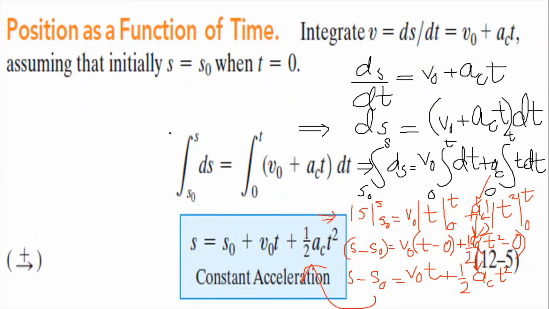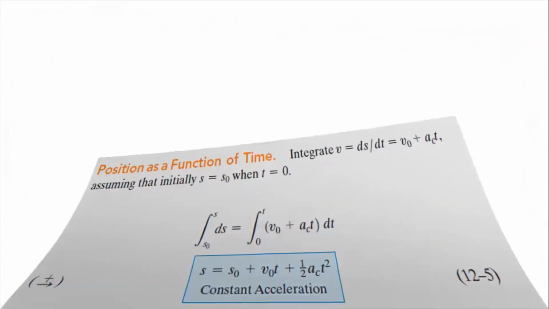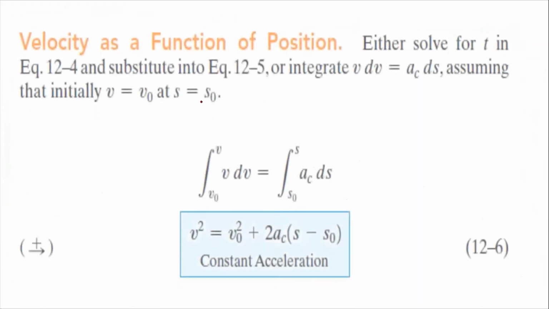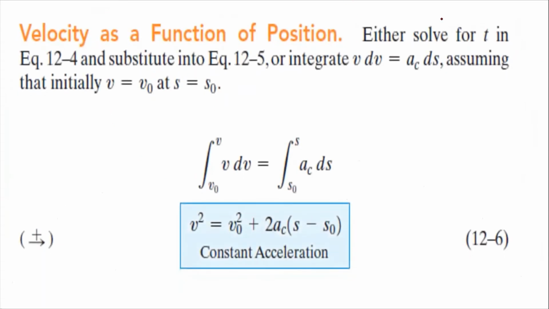I'm moving towards the next slide. In this equation, we either solve for t and substitute into the previous equation, or integrate v dv equals a ds, assuming that the initial velocity is v naught and final is v, and the position is s naught initially and final is s. So we will apply integration on both sides of this equation, v naught to v, s naught to s.